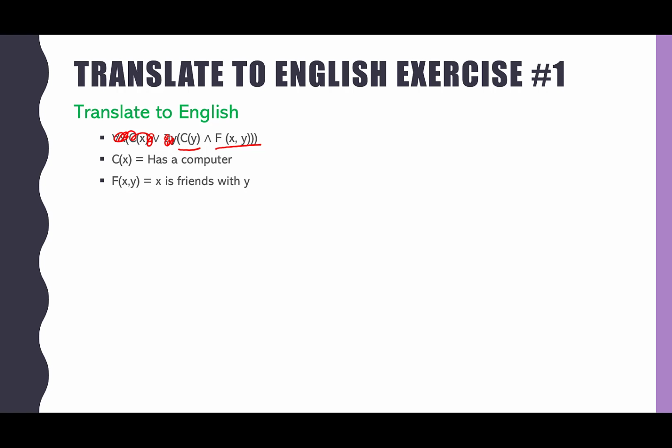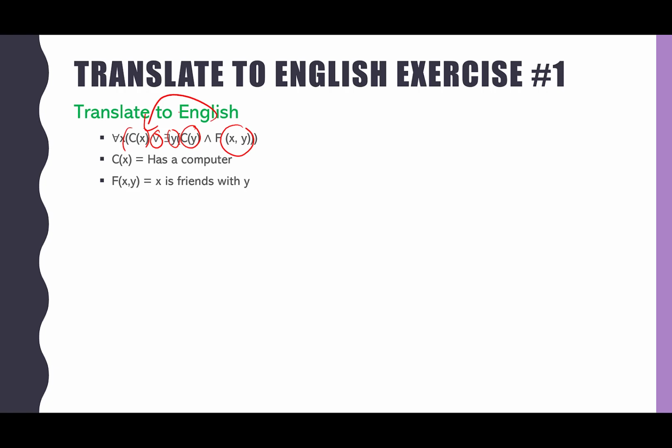Okay? Now we're saying there exists some person Y such that he has a computer and he's friends with X. Right? Okay. So whatever I just said there, or this. So now I'm saying person X has a computer, or there is a person that exists such that that person has a computer and is friends with this first guy.